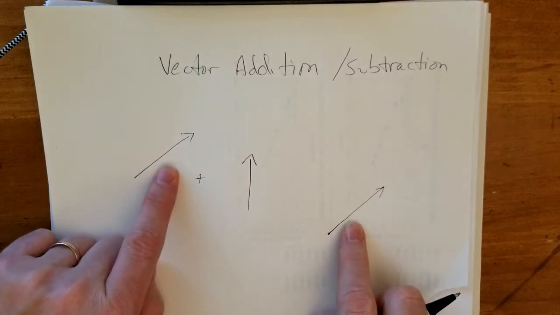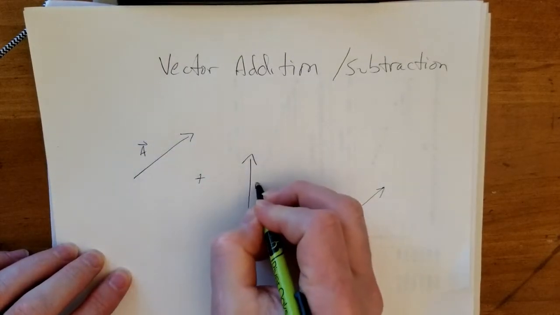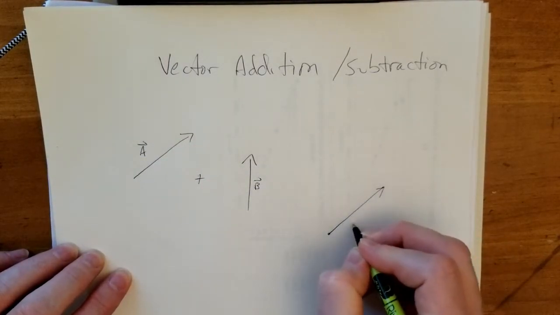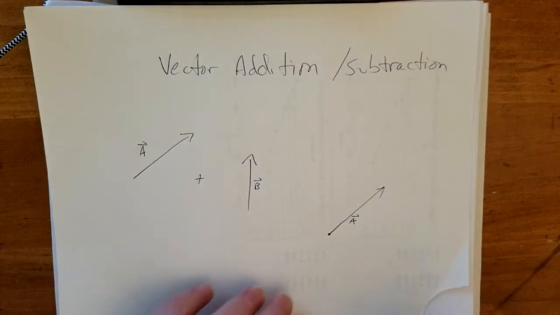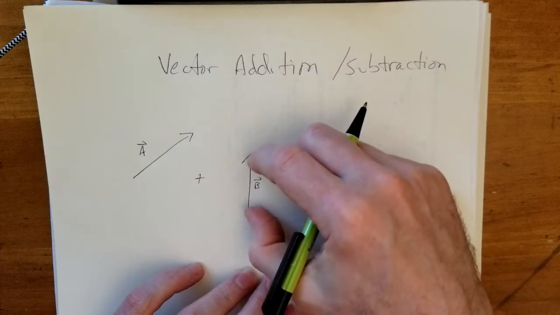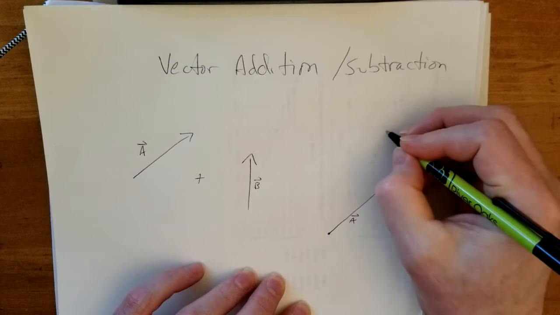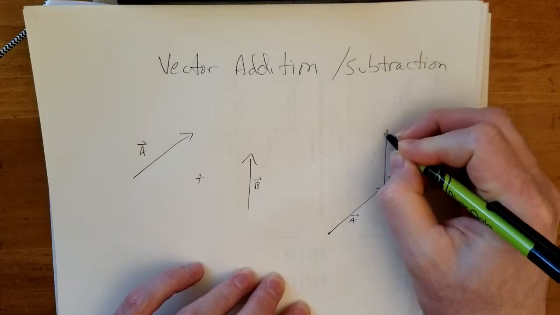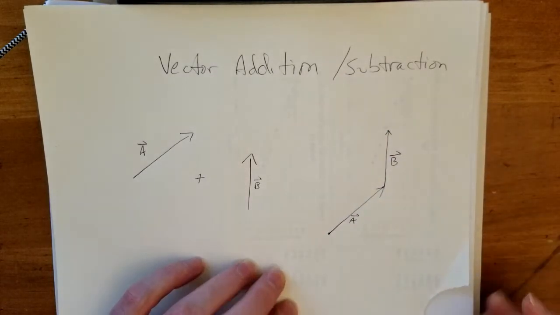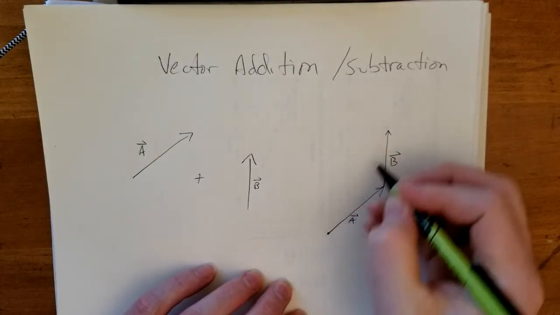So those vectors should be the same length and the same direction. And why don't we call this A and call this one B? So this is A. Now the second vector, we are now starting at this point, and I'm now going to draw the second vector. And that's vector B. So the sum of the two vectors is a vector from where I started to where I ended.